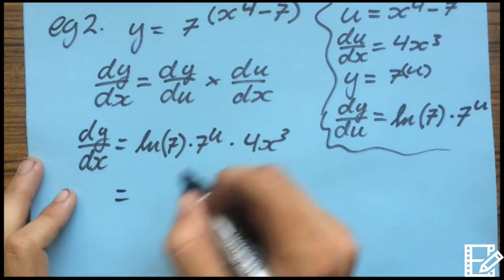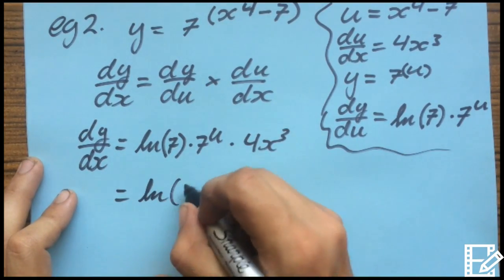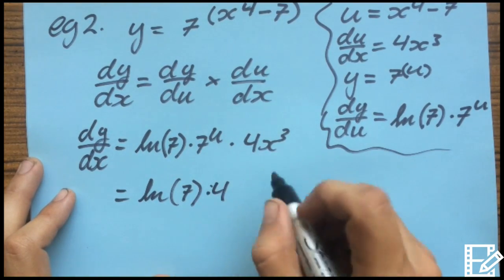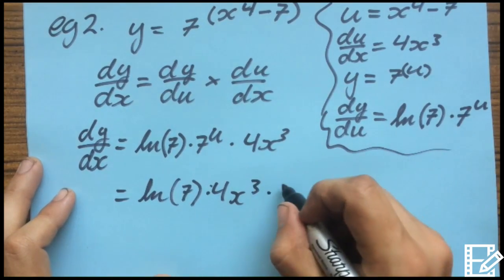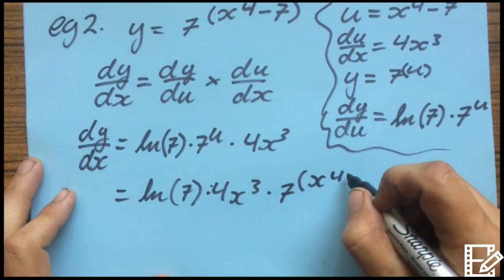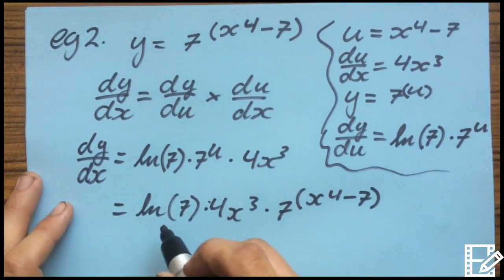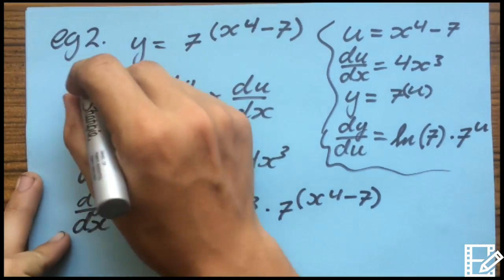So if we were subbing u in again, let's say we have ln 7 multiplied by 4x to the power of 3 multiplied by 7. We'll sub in u. u is x to the power of 4 minus 7. And that is the first derivative of this up here.